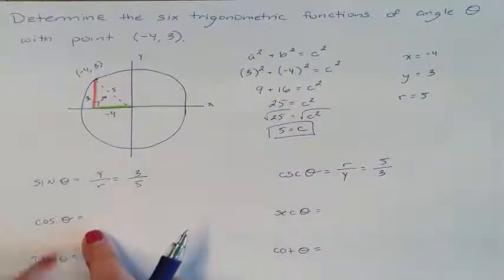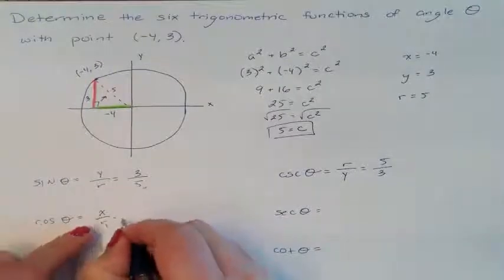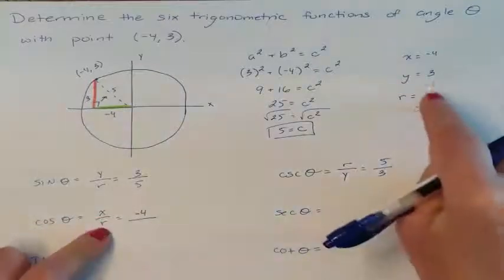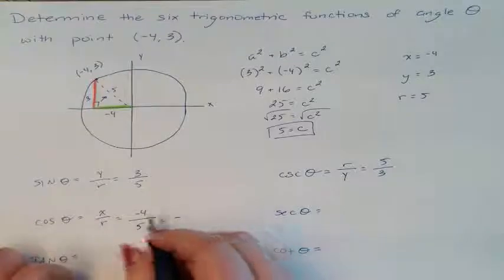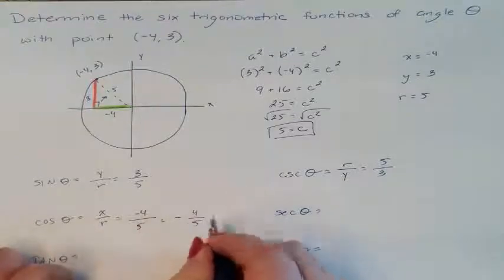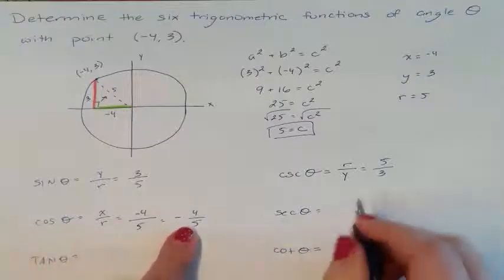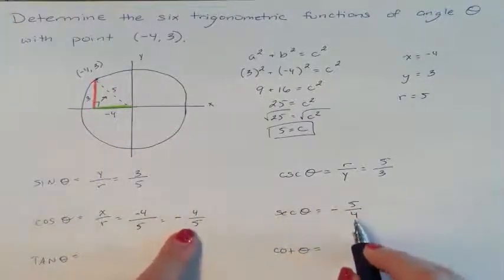Now I need to find cosine. Cosine, according to our chart, is x divided by r, where x is -4 divided by r, which is 5. Now a negative divided by a positive is a negative. 4 divided by 5 is the fraction 4/5. So I have the fraction -4/5. If this is cosine, secant is -5 over 4, because they are reciprocals of each other.